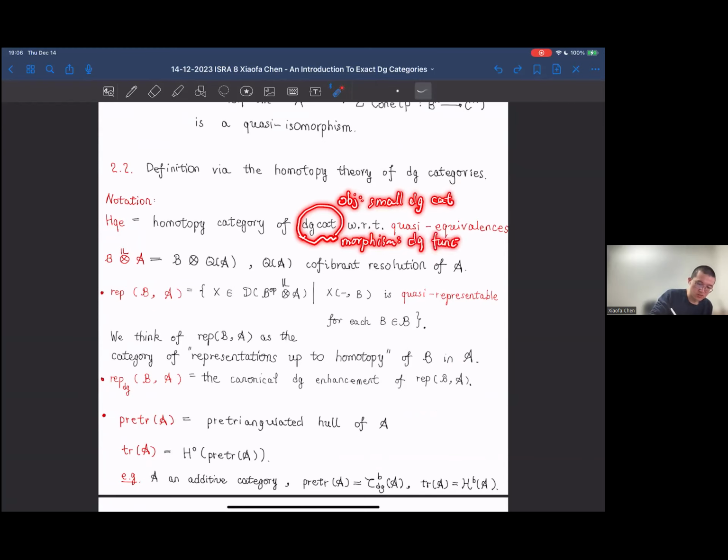Okay. And this, together with quasi-equivalences, will have a model structure, the so-called Dwyer-Kan model structure. So we can form its homotopy category. Yeah, it is still a category, not a large category. And we denote this by HQE. And in our lecture, our morphisms between DG categories will be morphisms in this category.